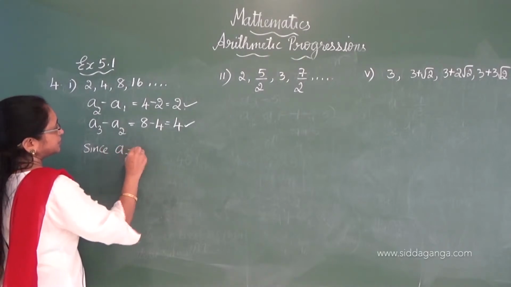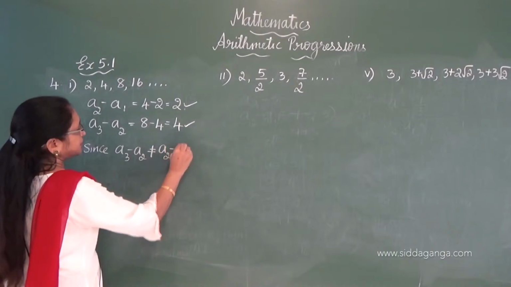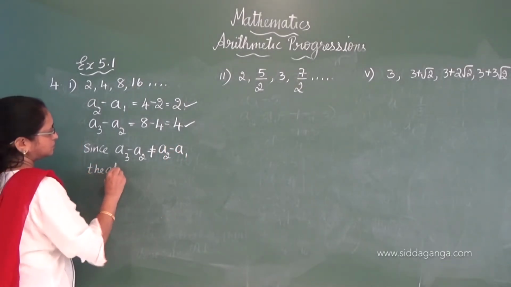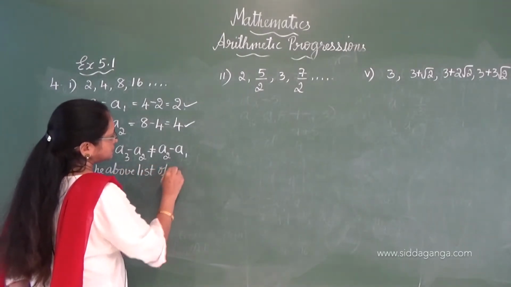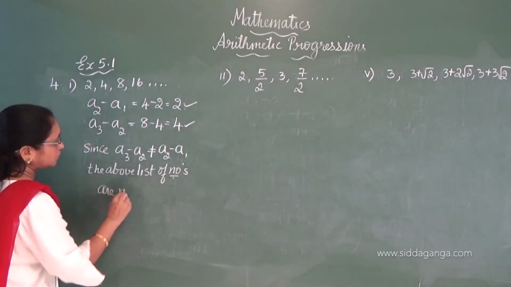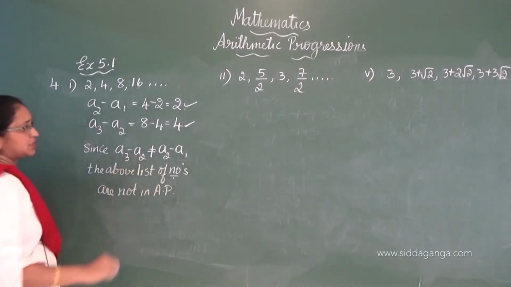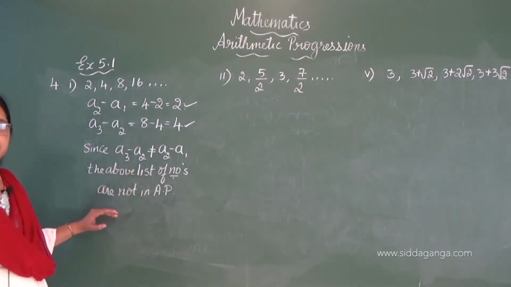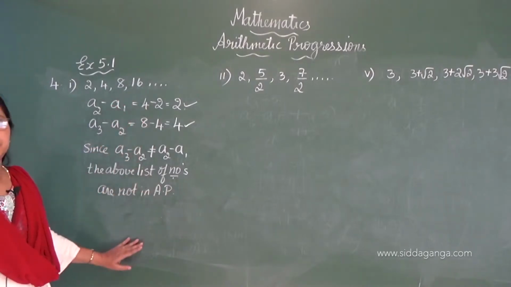Since A3 minus A2 is not equal to A2 minus A1, the above list of numbers are not in AP. If you write this, the answer will be completed. You have to write the conclusion: the above list of numbers are not in AP.